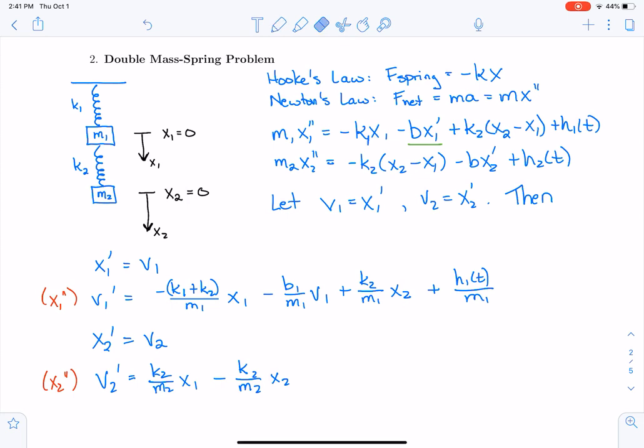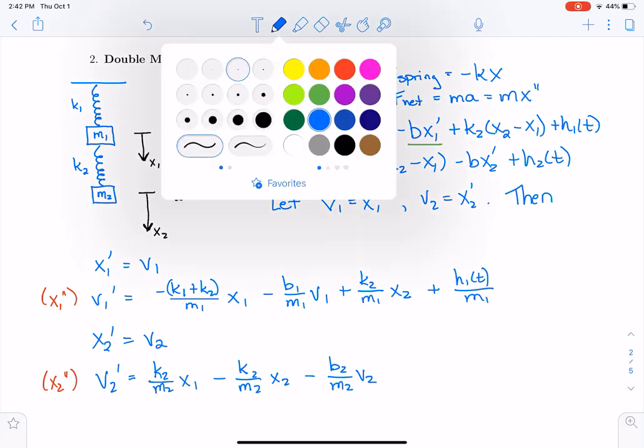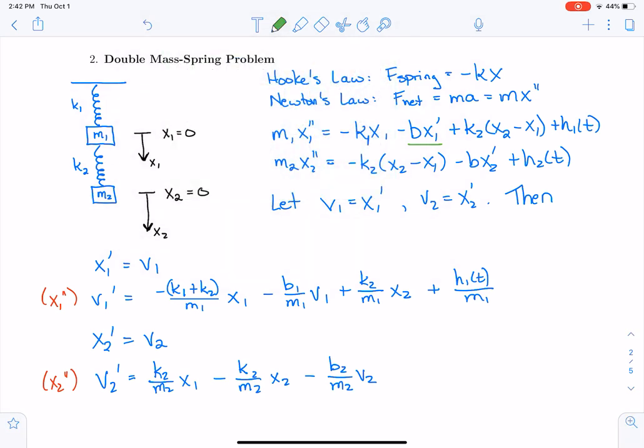I made a small mistake. That is k2. So we have a k2 over m2 x1 minus a k2 over m2 x2. And then finally a minus b2 over m2 v2. That, of course, comes from the friction term here. Finally, we have the external force, h2 of t, which we can divide by m2.